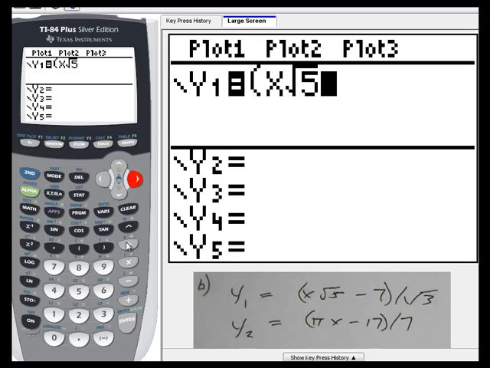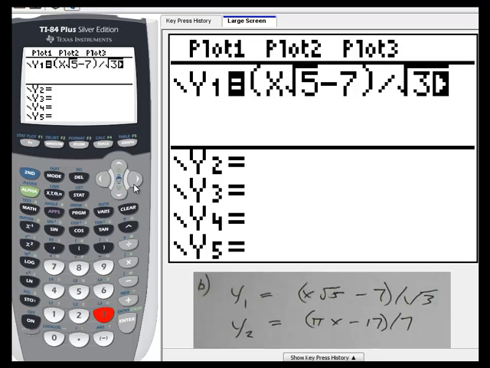And now we can do a subtraction. 7. We'll need a parenthesis. Now divide by square root of 3. I want to terminate that square root sign there.